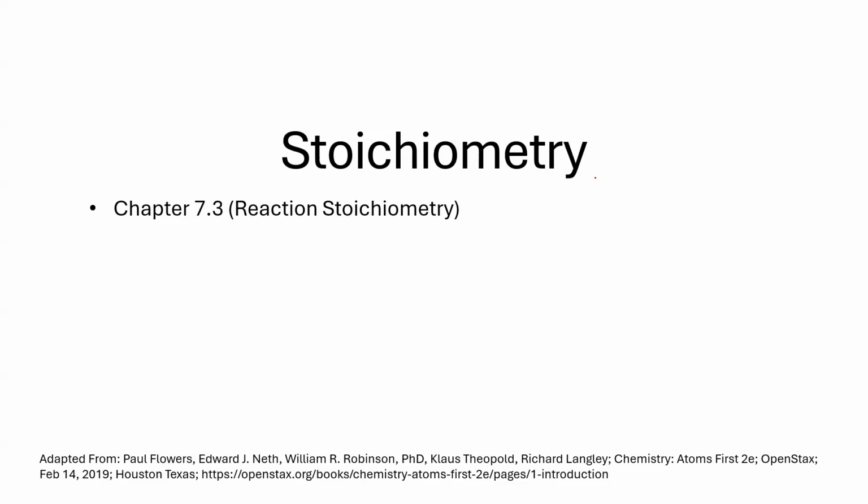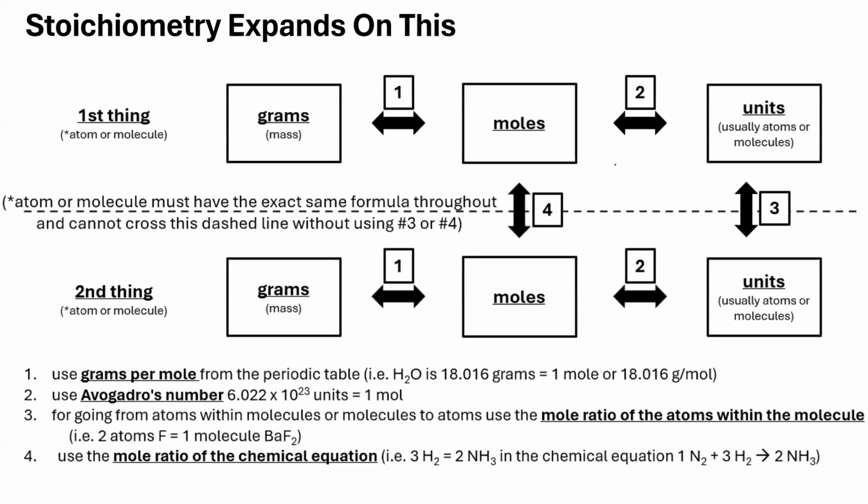All right, so again, stoichiometry expands on our previous conversion table, right? What specifically it expands on is now we can transition from moles of something to moles of something else using the chemical equation, right? We're using this new number 4.